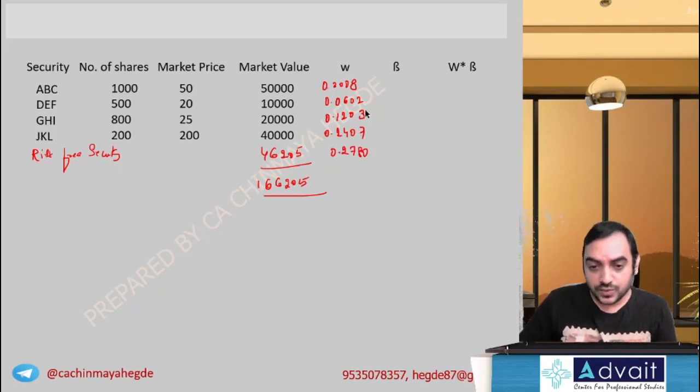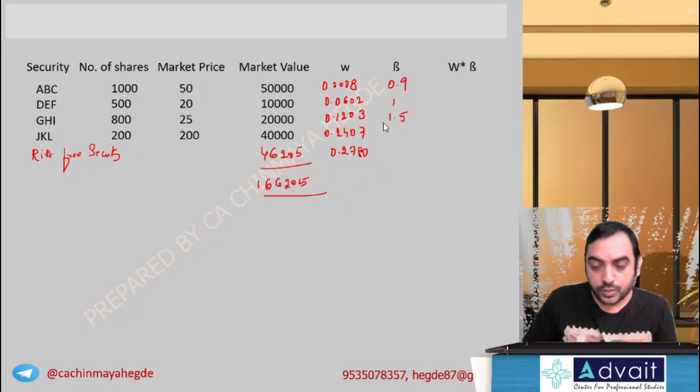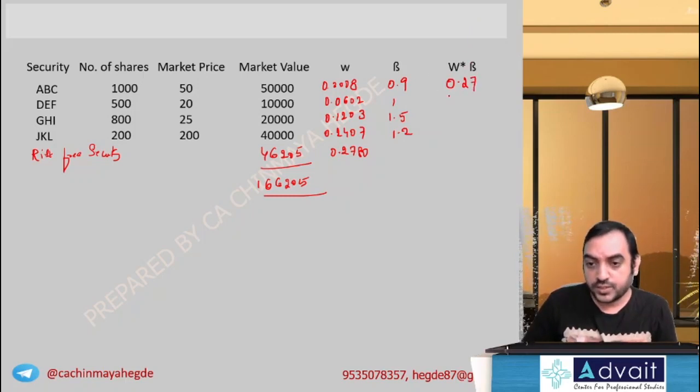Their respective betas: 0.9, 1, 1.5, 1.2. Okay, let's calculate, multiply. 0.3008 into 0.9, 0.27. 0.0602 into 1, same only, 0.06. 0.1203 into 1.5, 0.18. 0.2407 into 1.2, 0.288, so 0.29.